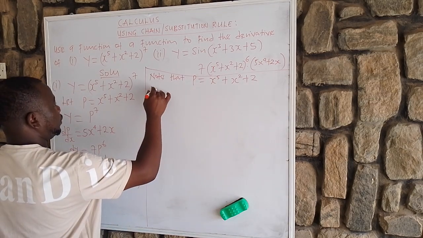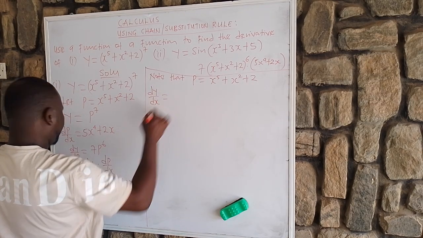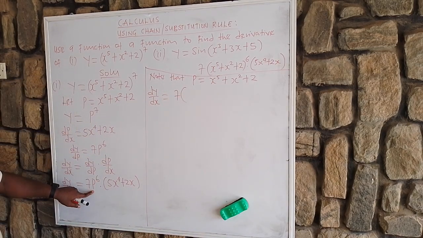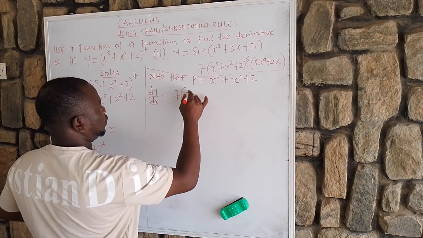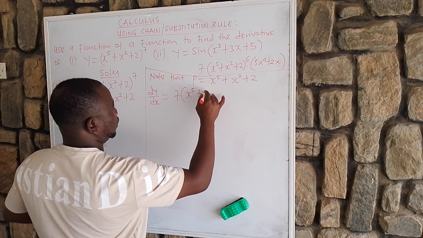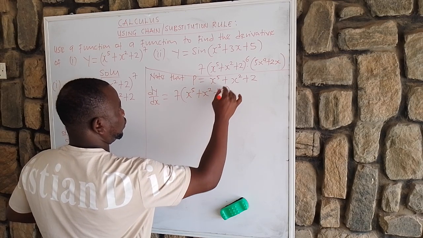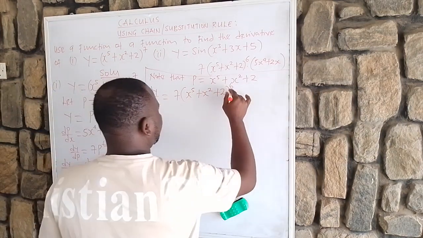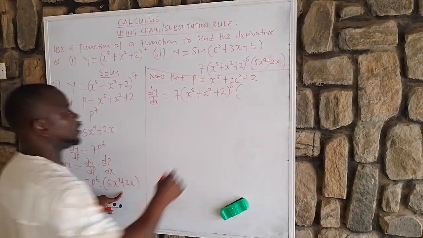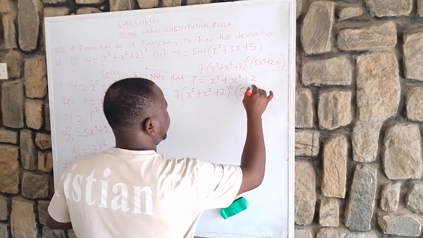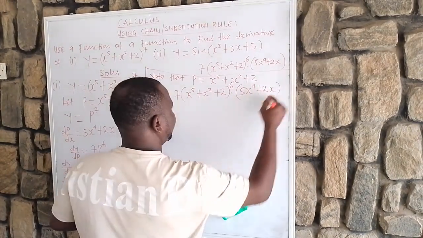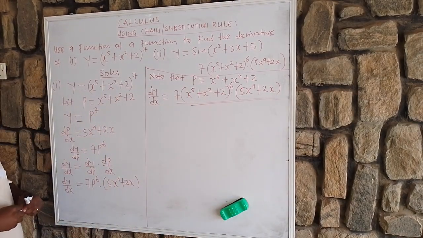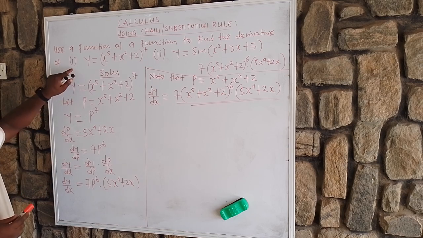So finally our dy over dx will now be equal to 7 open bracket, your p is what? x raised to the power of 5 plus x raised to the power 2 plus 2 close bracket raised to the power what? 6. Then times this 5x raised to the power of 4 plus 2x. As simple as ABC. This is the final answer to this part one.